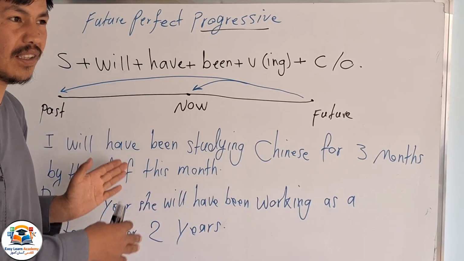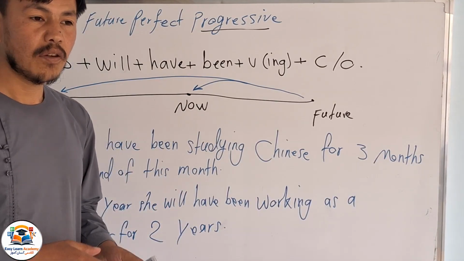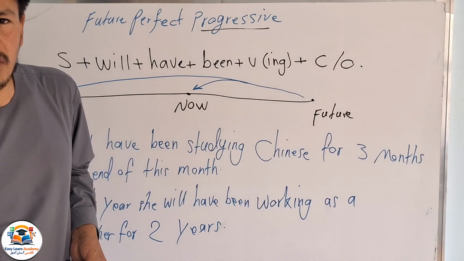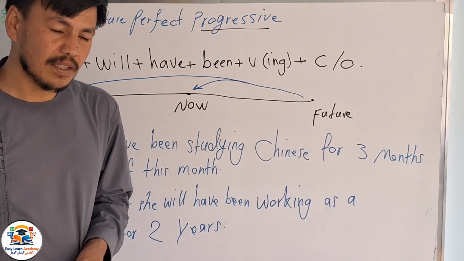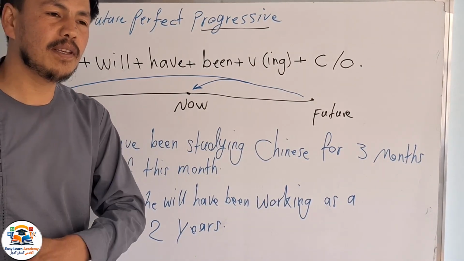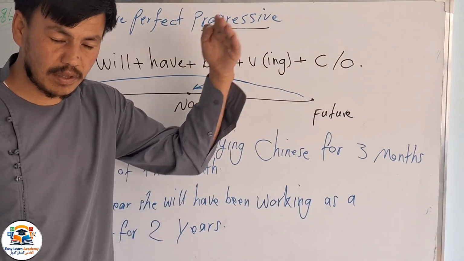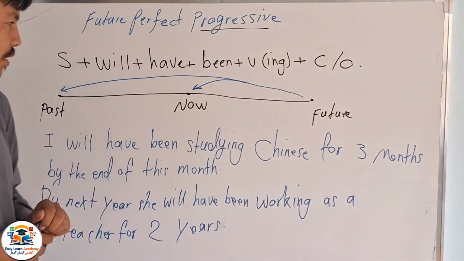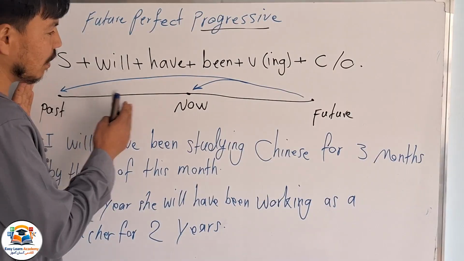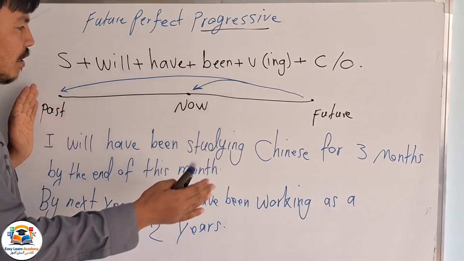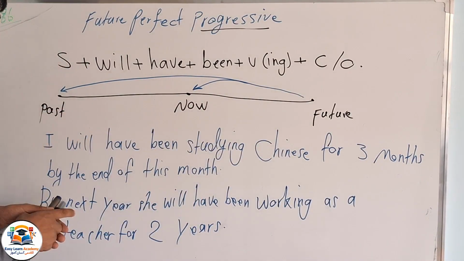It shows a continuous action which started from the past or now and will be in progress to that specific time in the future. So I have drawn a timeline here, so please have a look.